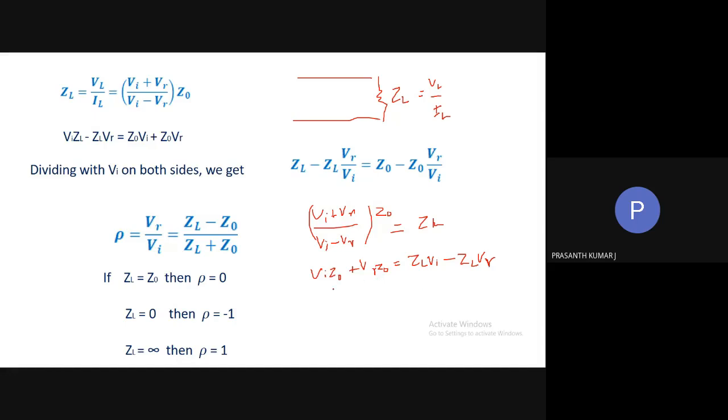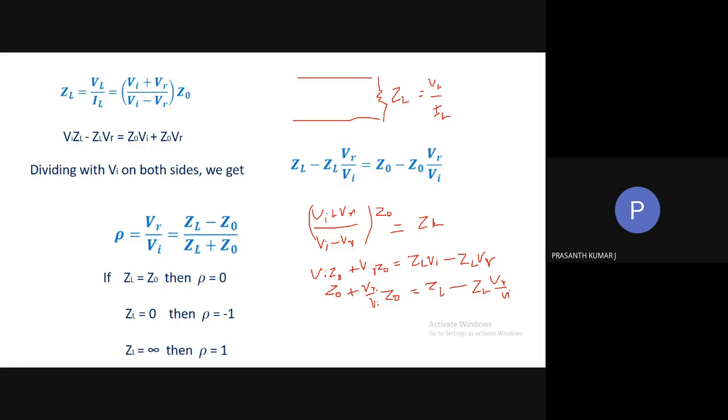Now dividing this equation with VI on both sides: Z0 plus VR by VI into Z0 equal to, we are dividing with VI, so ZL minus ZL into VR by VI. This is the same equation that I have written here.